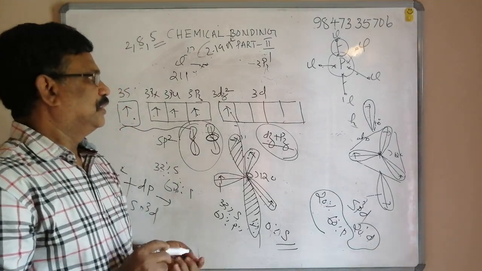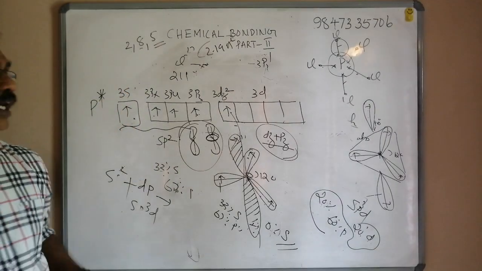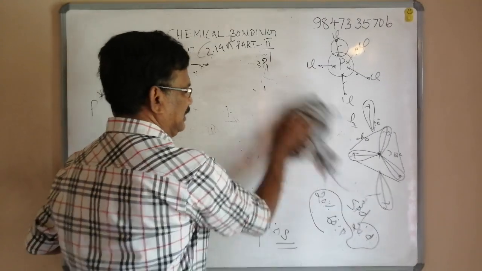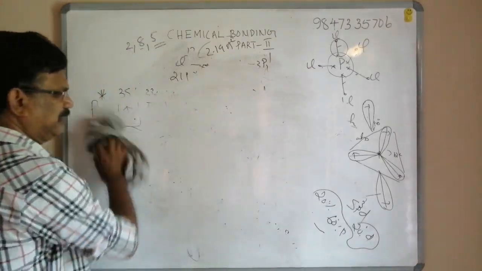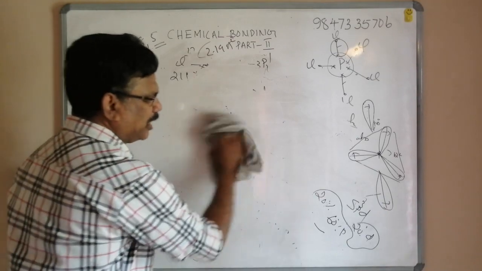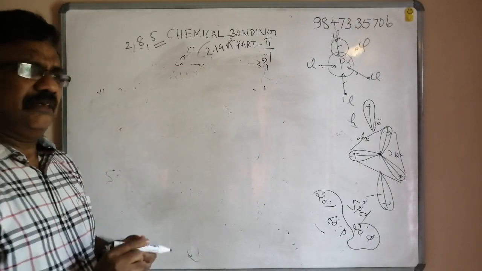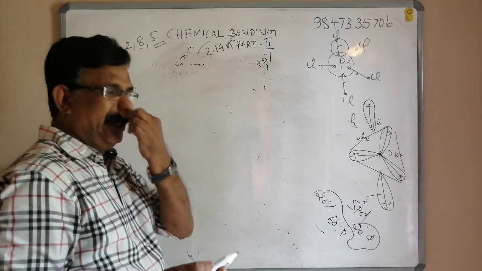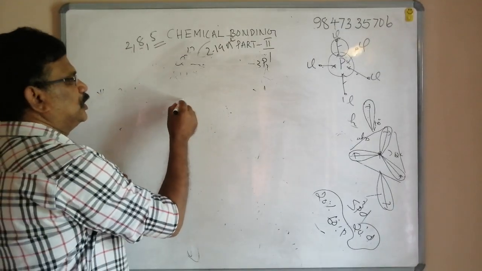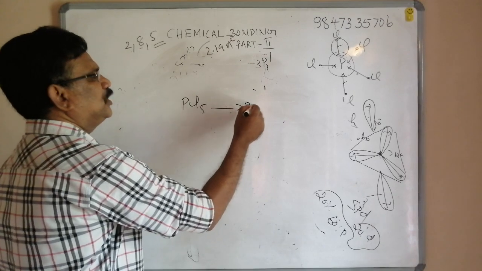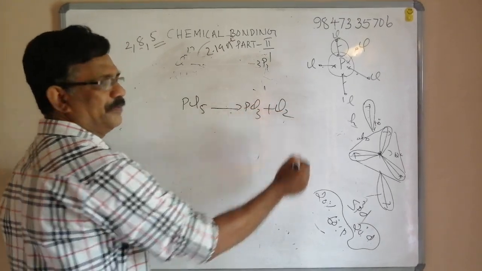Okay. That is why phosphorus pentachloride readily undergoes dissociation. It's an unstable molecule. That elongated bond is an unstable bond. By supplying a lesser amount of energy, we can break the two bonds. So PCl5 dissociates into PCl3 and chlorine.